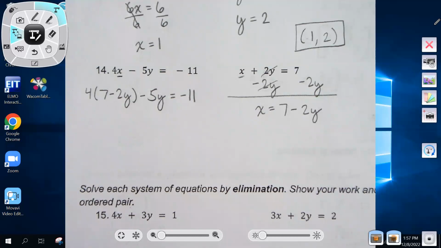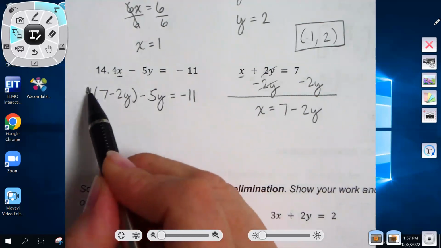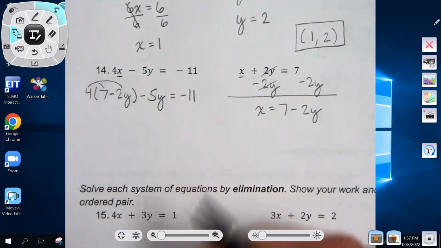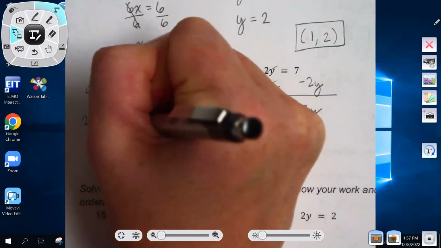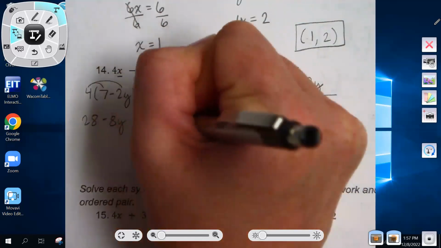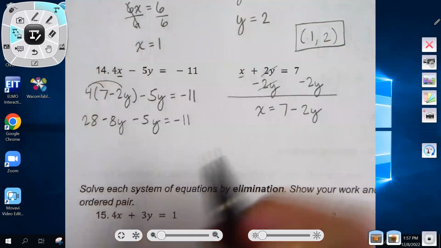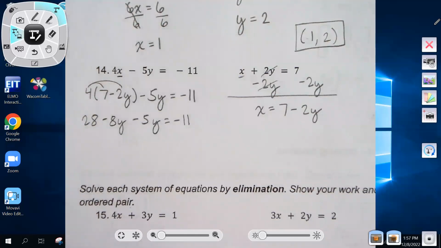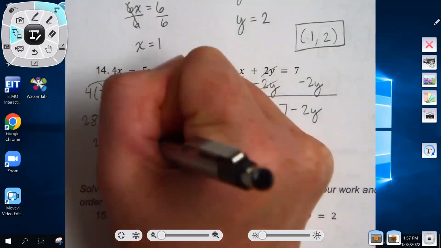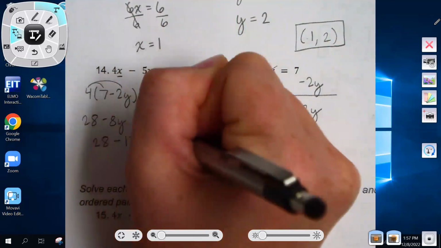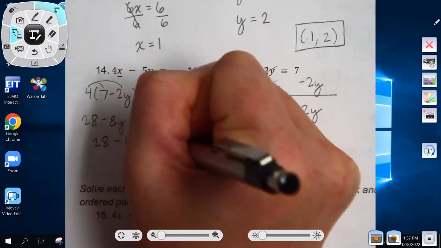Now we need to solve for y. So let's get rid of these parentheses by distributing the 4. 28 minus 8y minus 5y equals negative 11. Combine like terms. Negative 8y minus 5y is negative 13y.